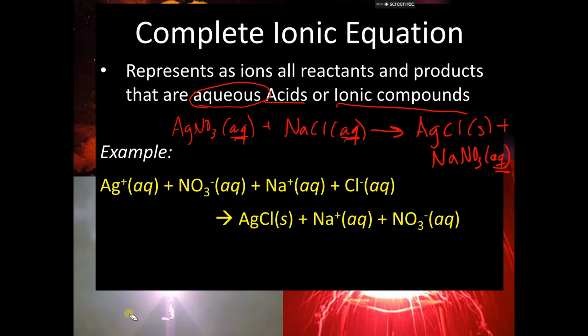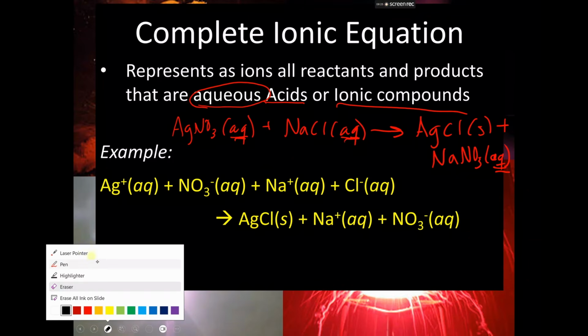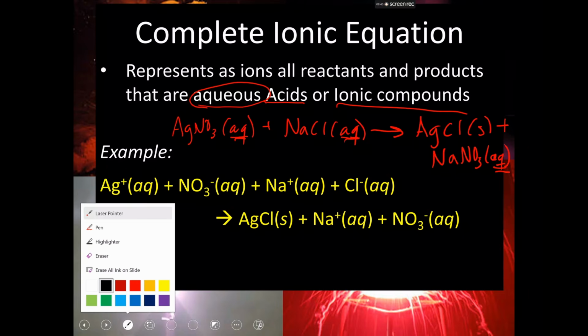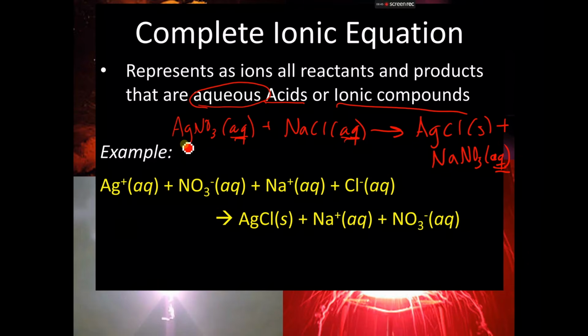Whenever these reactions happen, those compounds, because they're aqueous and they're ionic, and this will happen with acids as well, are going to separate into their individual ions, meaning that this silver nitrate doesn't stay as aqueous silver nitrate. It actually separates because that compound dissociates into Ag+ and NO3- aqueous.